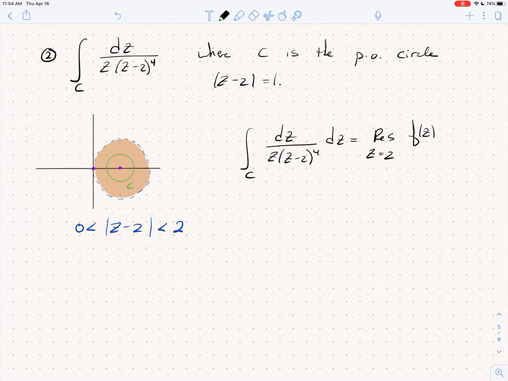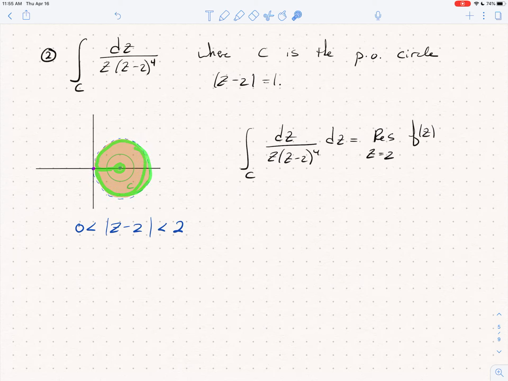And I want to realize, first off, that when I'm looking at this circle centered at 2 of radius 1, and this particular function, 1 over z times (z minus 2) to the 4th, it's analytic not just inside the circle that I want, it's analytic on this deleted neighborhood of 2 all the way out to this circle here.